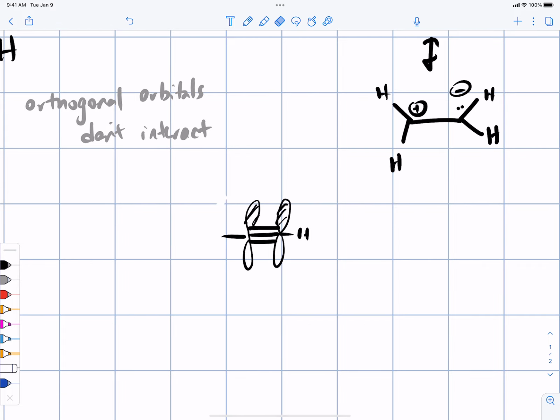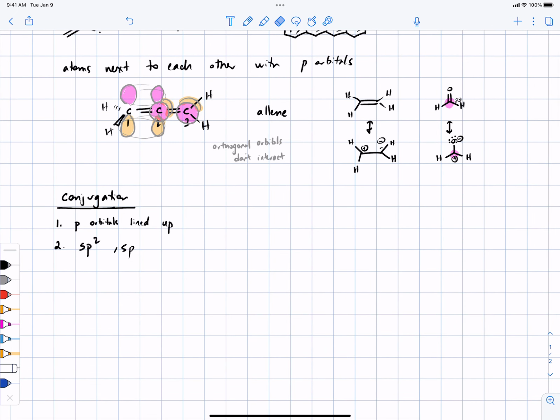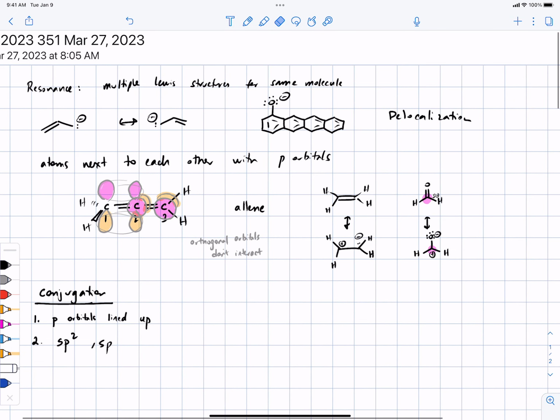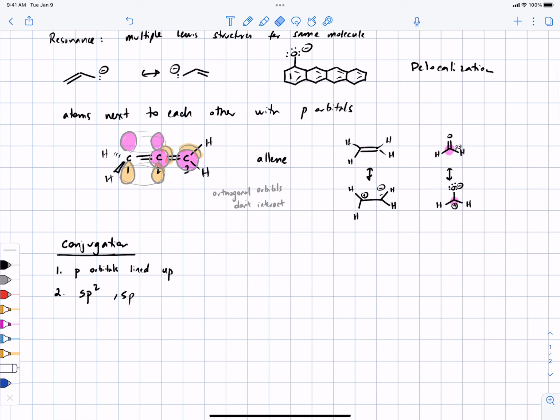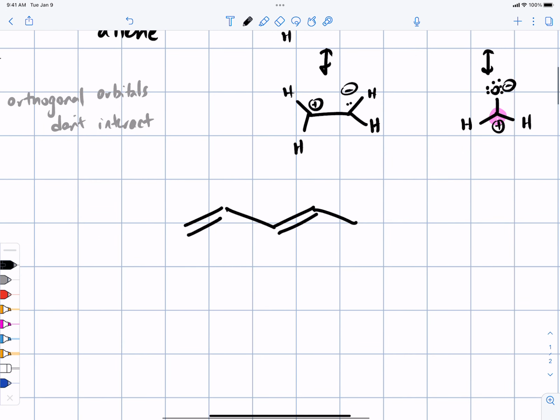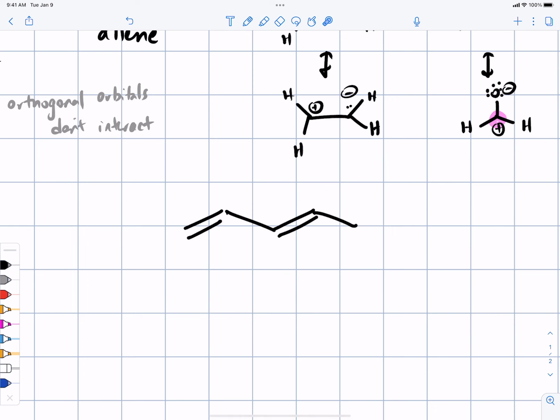Okay, so your carbons need to be sp or sp2 hybridized. You need to have p orbitals lined up with each other. Let's see, what else? Are these two pi bonds conjugated with each other?